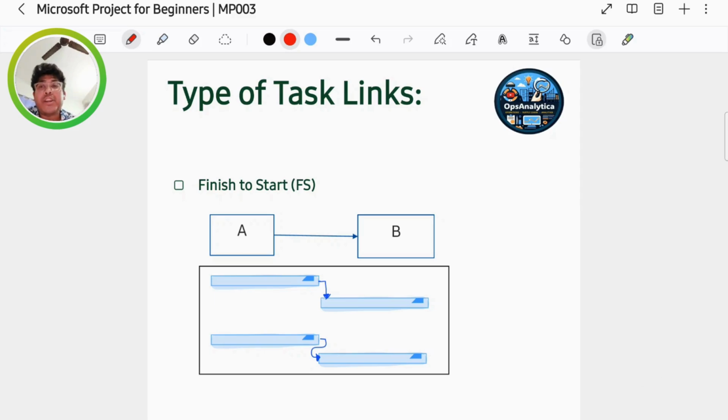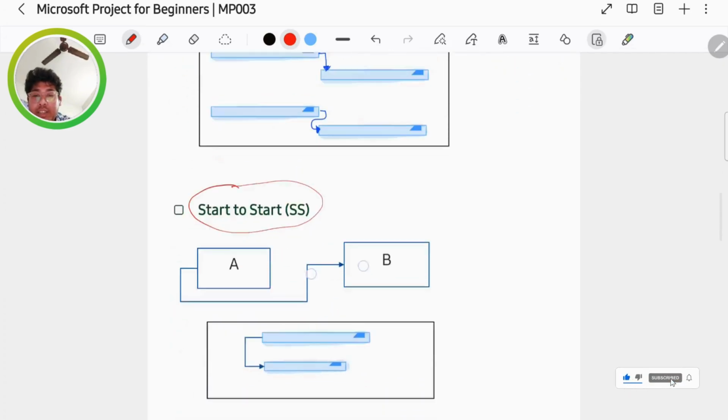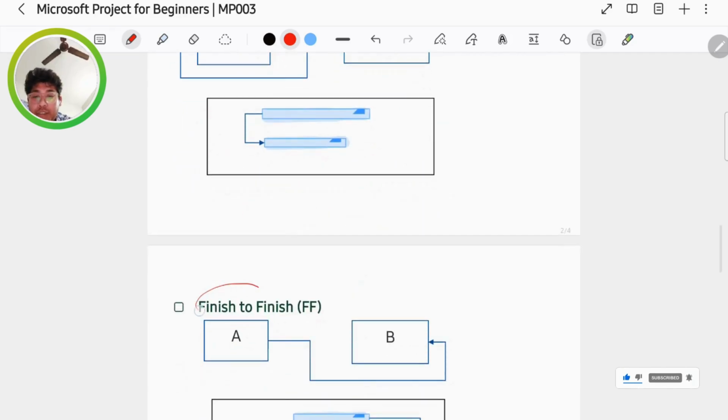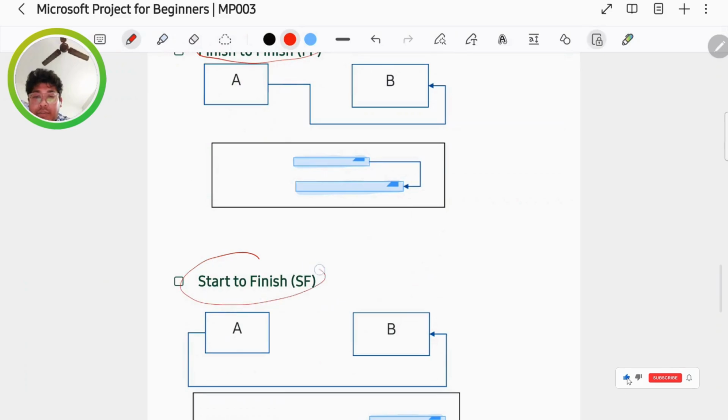So we will not be able to track that. For doing that, in Microsoft Project we use 4 terms. First one is finish to start, then start to start, then finish to finish, and after that start to finish.